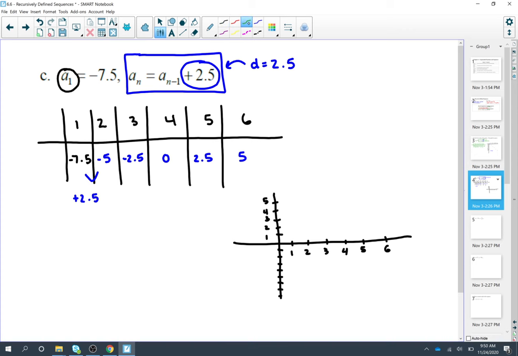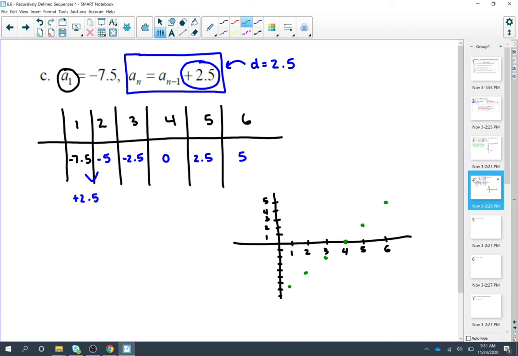So I go over 1, I go down negative 7.5. I go over 2, I go down negative 5. 3, I'm at negative 2.5. 4, I'm at 0. 5, I'm at 2.5. And 6, I'm at 5.